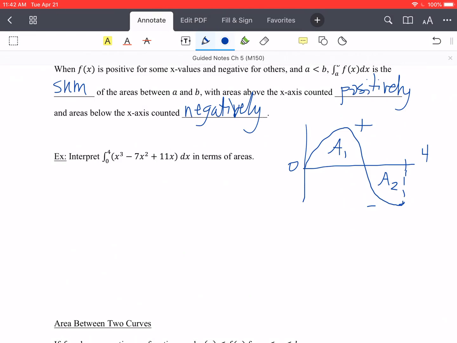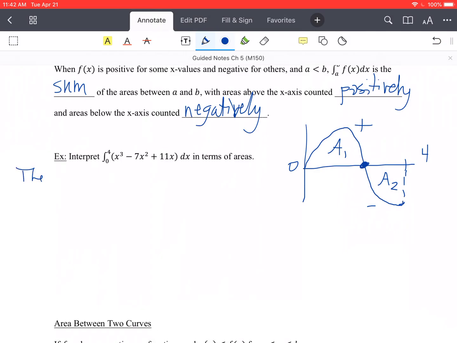Okay. So in order to figure out where these areas get separated, we would have to find where this point is here on the graph. And that would be the point where the function is equal to 0, right? It's a root. So we would just go ahead and do that.